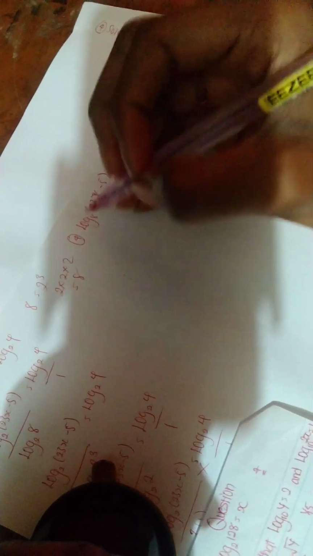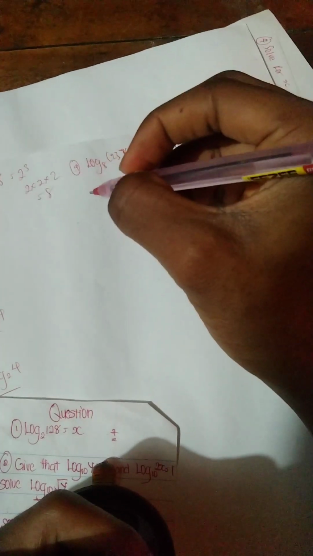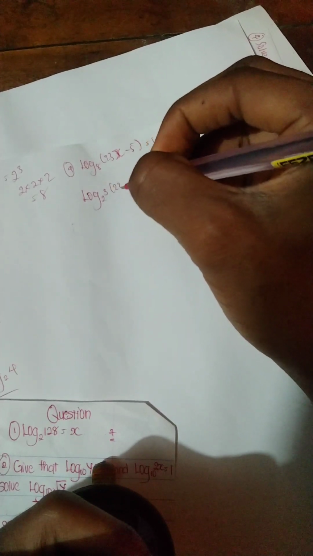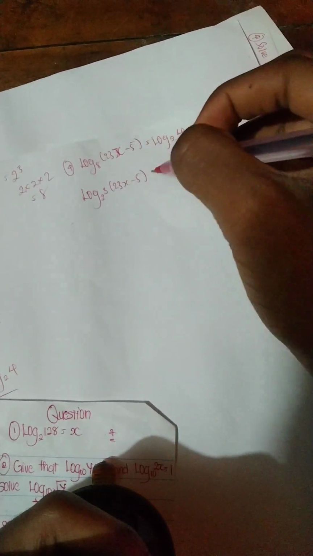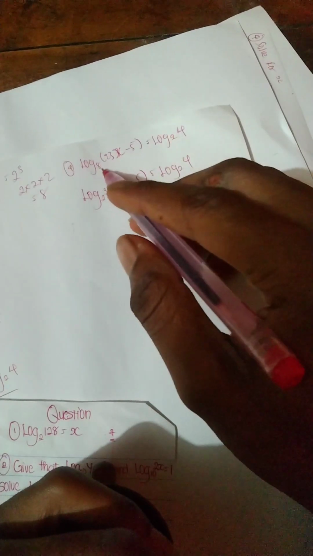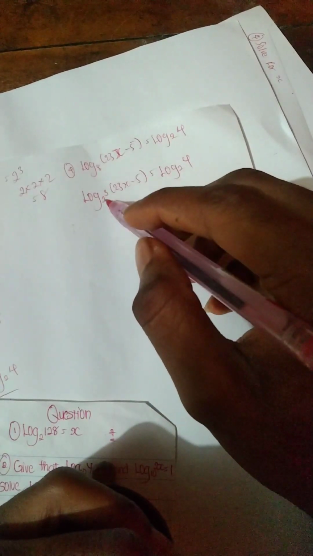We can solve this by writing log base 2 raised to the power of 3 bracket 23x minus 5 is equals to log 2 4. We can write it in this form.